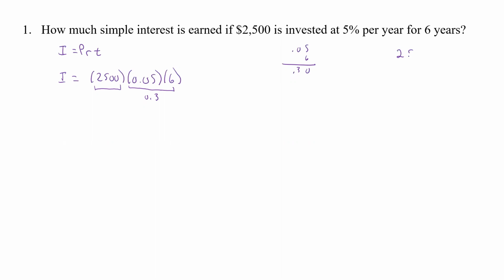The amount of interest we earned over that period of time was $750. Again, we had an interest rate of 5% over 6 years, and we invested the $2,500.